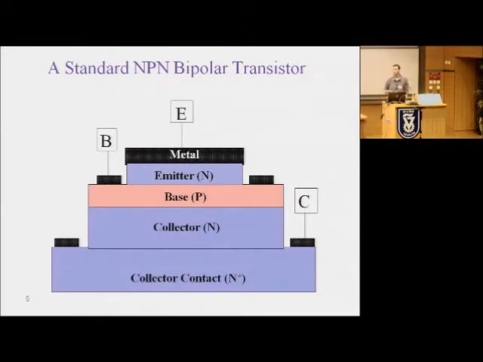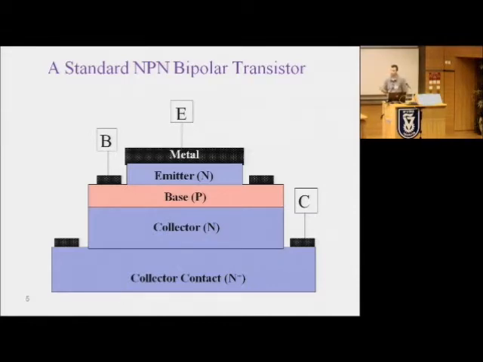I will now show the new device structure, the metal-insulator semiconductor bipolar transistor. But before I show it, I will start with a familiar standard NPN bipolar transistor. We have an N-type semiconductor layer, then a very thin P-type layer, which is the base. It should be thin relative to the diffusion length of minority carriers, and then an N-type emitter. So we have two junctions back to back.